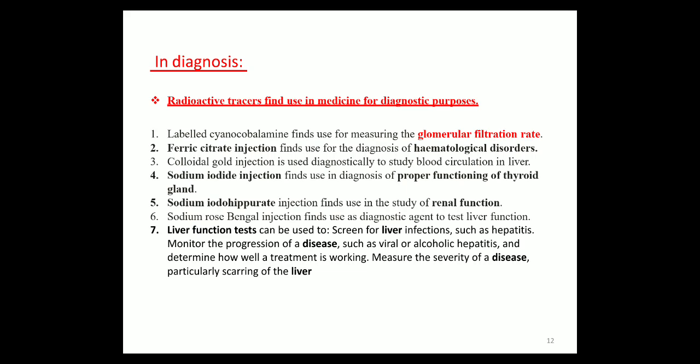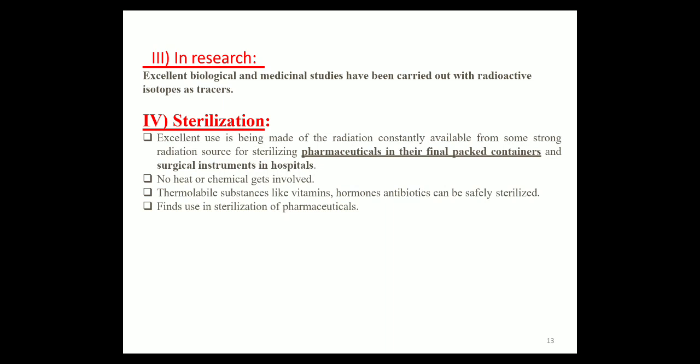Liver function tests can be used to screen for liver infections such as hepatitis, monitor the progression of diseases such as viral or alcoholic hepatitis, determine how well a treatment is working, and measure the severity of disease, particularly scarring of the liver. Next, third, in research.